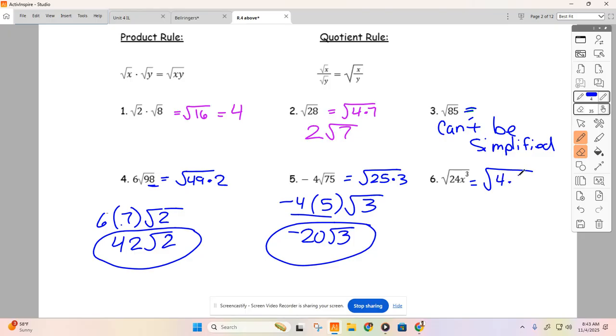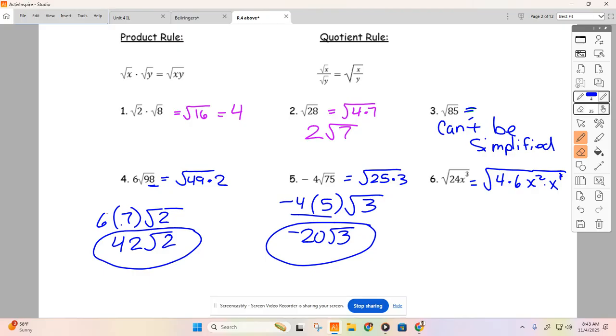4 times 6. For my variables, since I'm finding the square root, I want to see how many x squareds I would have. X cubed is x squared times x, right? Because when I multiply, I would add the exponents. So this is x cubed.